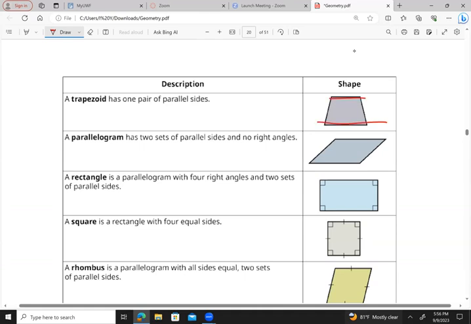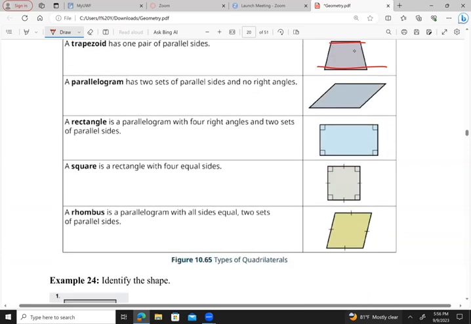We have a parallelogram, which has 2 sets of parallel lines and no right angles. We have a rectangle, which is a parallelogram with 4 right angles and 2 sets of parallel sides. A square is a rectangle with 4 equal sides, and a rhombus is a parallelogram with all sides equal and 2 sets of parallel sides.